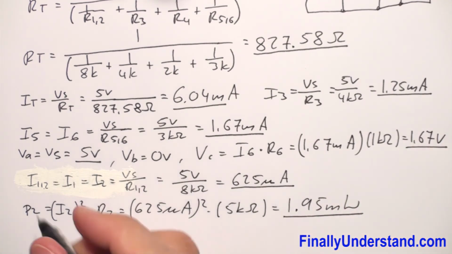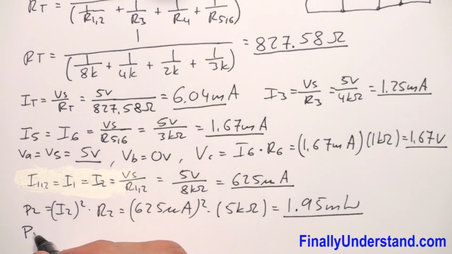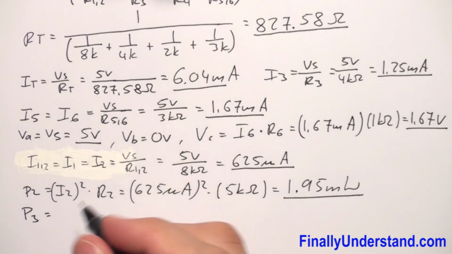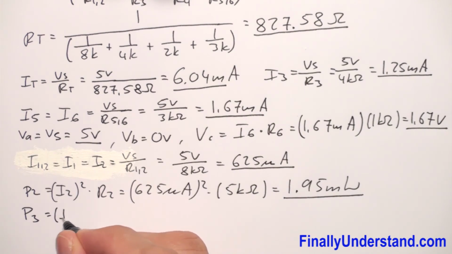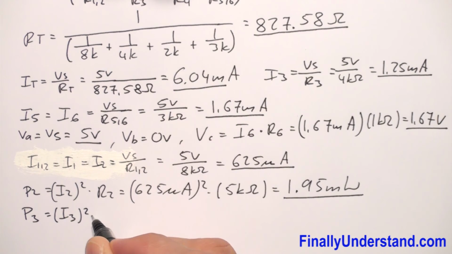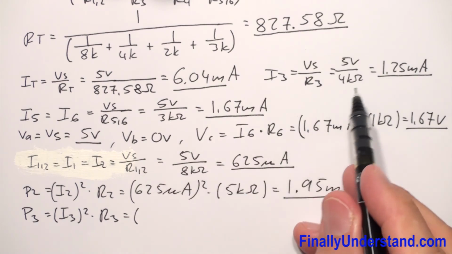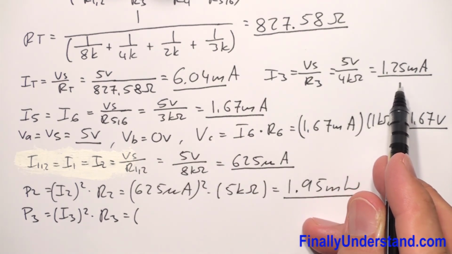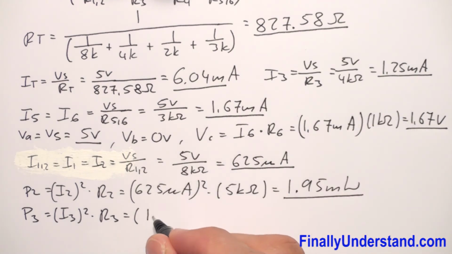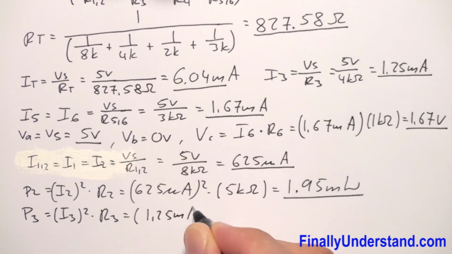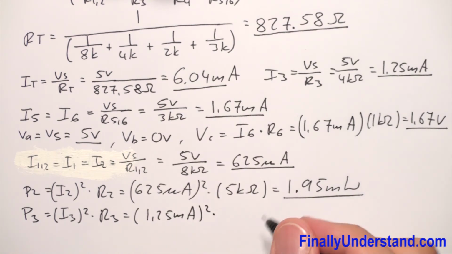Okay, we found P2. P3 is equal to I3 to the second power times R3. I3 is equal to 1.25 milliamps to the second power times R3.